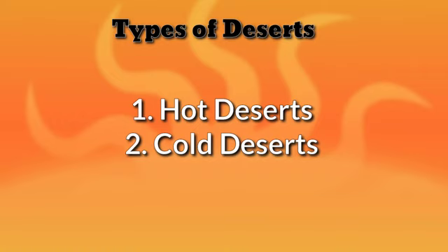There are two types of deserts found in the world: the hot deserts and the cold deserts.